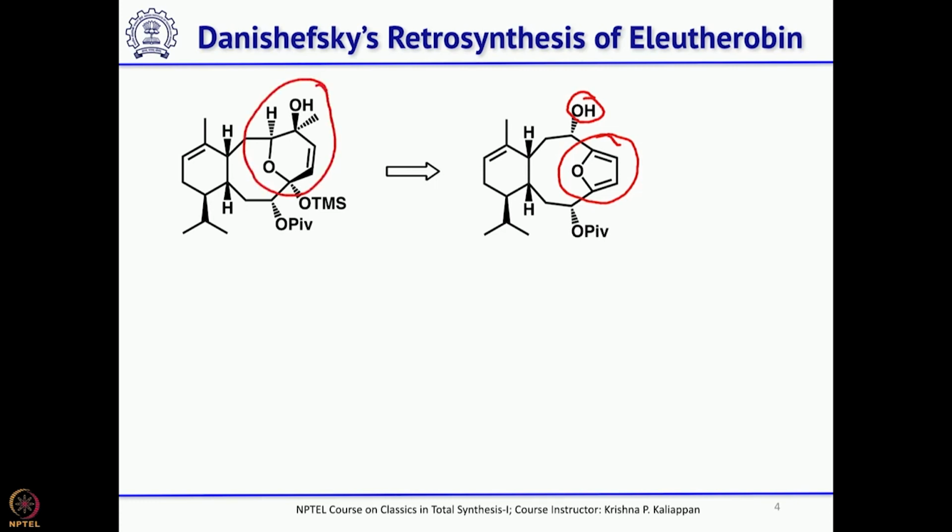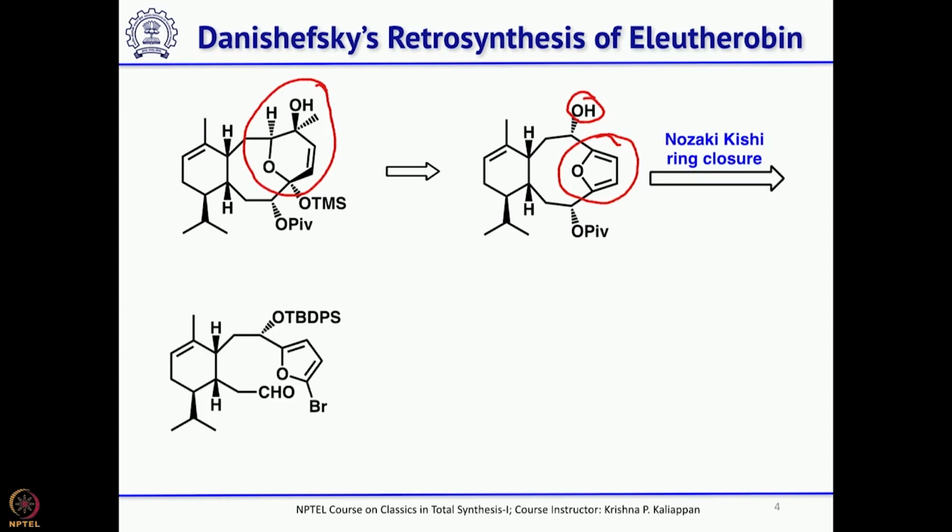That was the second key reaction, and the third key reaction is the intramolecular Nozaki-Hiyama-Kishi ring closure reaction between this bromofuran and this aldehyde to form the 10-membered ring. Now if you look at this, it is very easy.